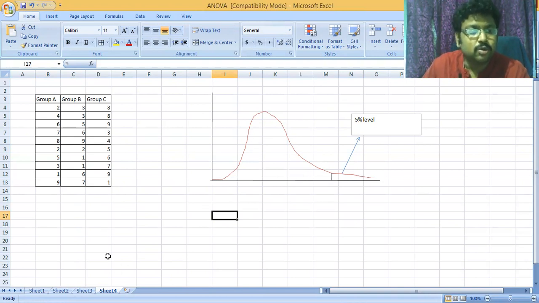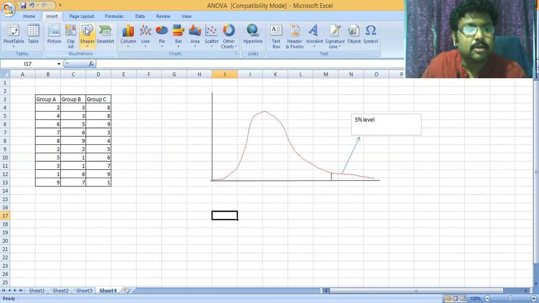Now about the degrees of freedom. We should write here for a better understanding.